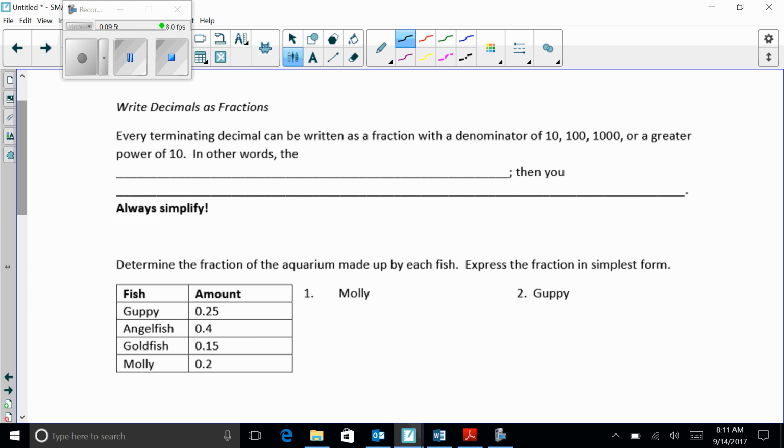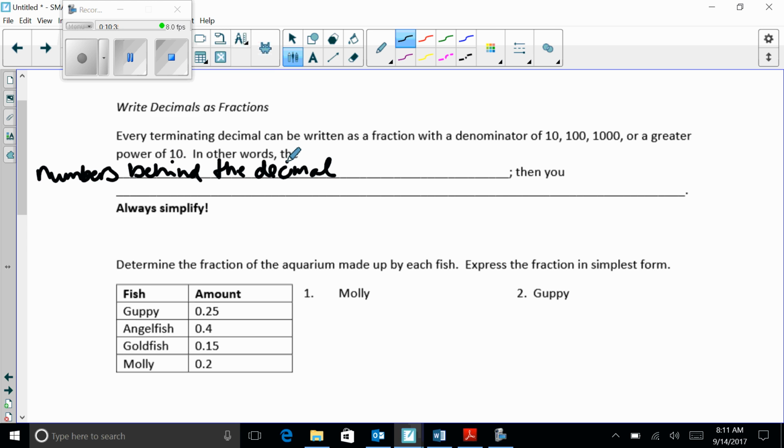So it says that every terminating decimal can be written as a fraction with a denominator of 10, 100, 1,000, or a greater power of 10. So, in other words, what this means is, in order to write a decimal into a fraction, you are going to take the numbers behind the decimal and they go to the numerator.